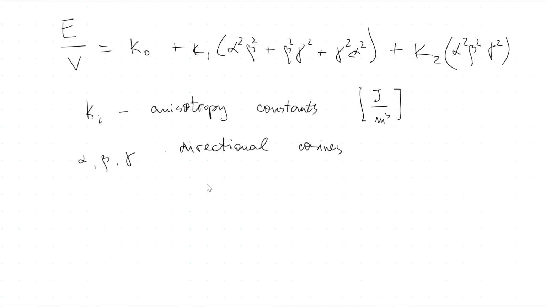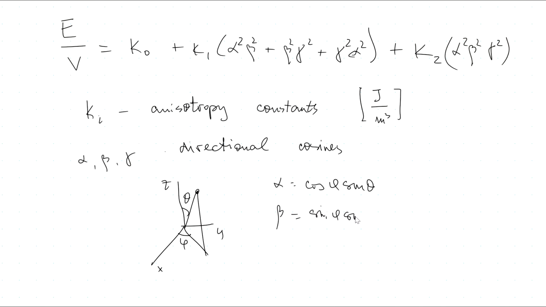So directional cosines, you might be familiar with those, but just in case you are not, if you take x, y, and z Cartesian coordinate axes, and we take a certain point in space, then we will have angle phi here, angle theta there. Then our alpha would be cosine phi sine theta. Beta would be sine phi sine theta. And gamma would be cosine theta.